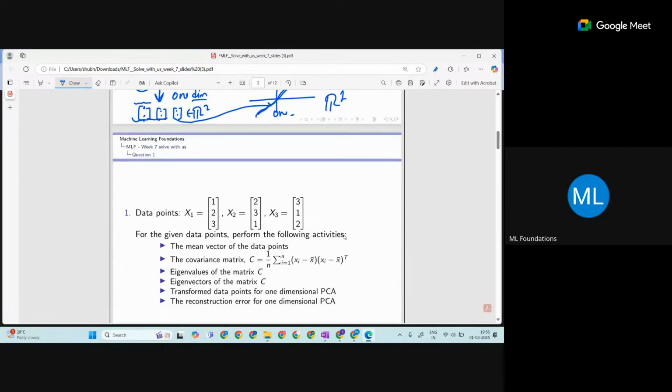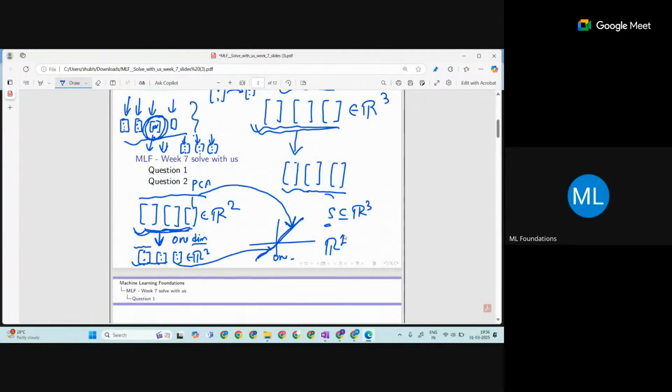We'll choose the eigenvector which has the greatest eigenvalue. Which has the greatest eigenvalue? Greatest eigenvalue. Okay.